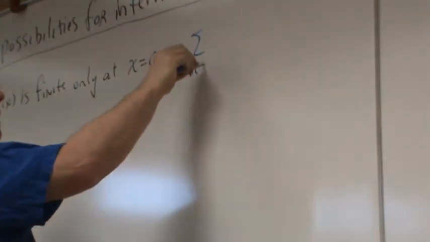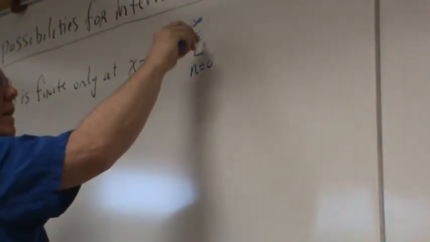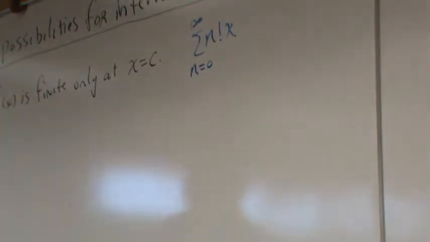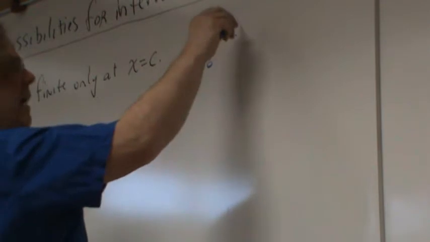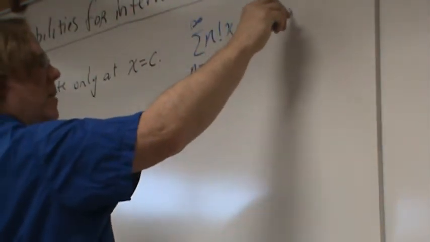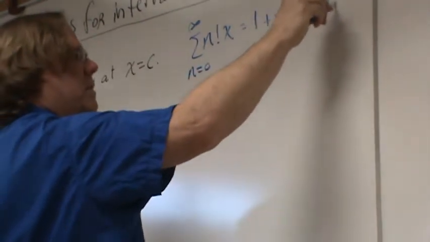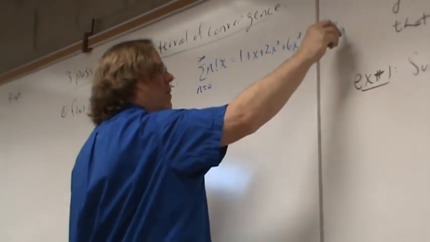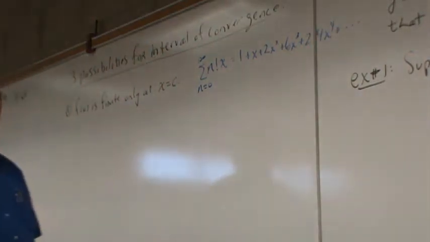The sum, as n goes from 0 to infinity, of n factorial times x to the n. So that I end up getting 1 plus x plus 2x squared plus 6x to the third plus 24x to the fourth plus dot dot dot.